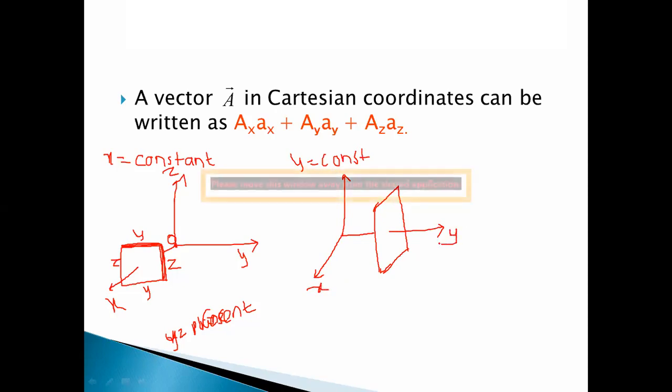So this is your x, y, and z, and this is your origin.